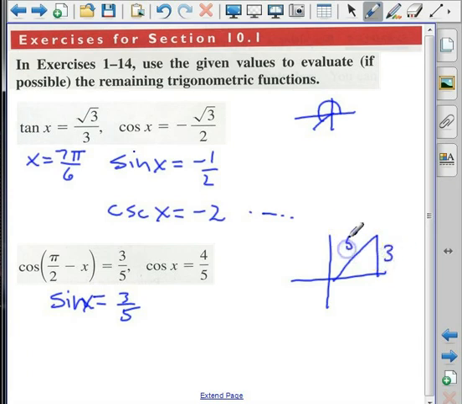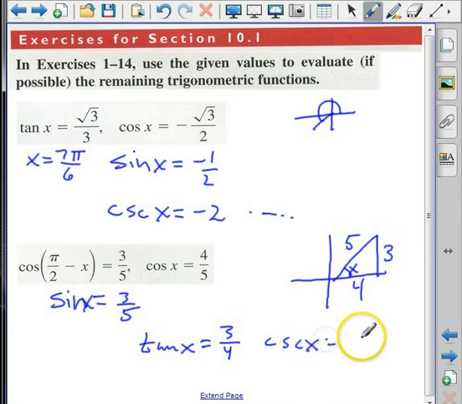Opposite over hypotenuse is 3/5, and adjacent over hypotenuse is 4/5. Once we get our triangles set up, it's easy to get the rest of the functions. Tangent of x is opposite over adjacent. Cosecant of x is reciprocal of sine, and so on and so on.